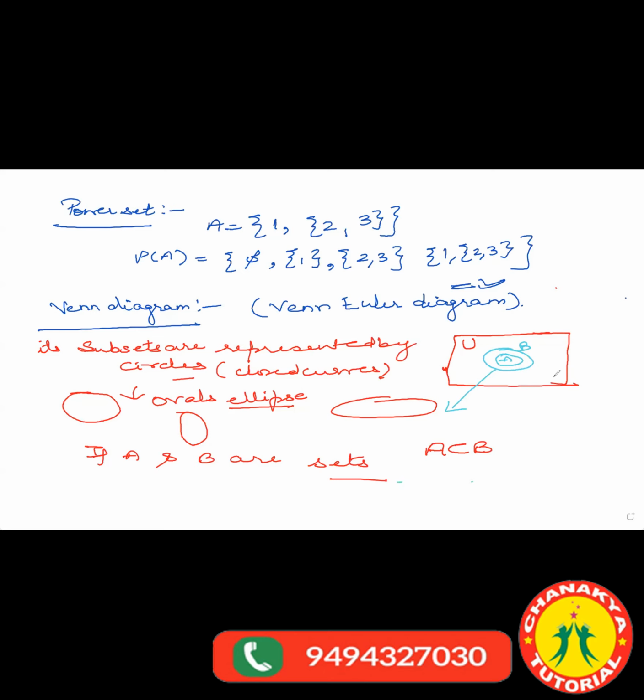When A is a subset of B, you will write like this. That means the elements of A will lie in B. So you will show it like this. Clear?